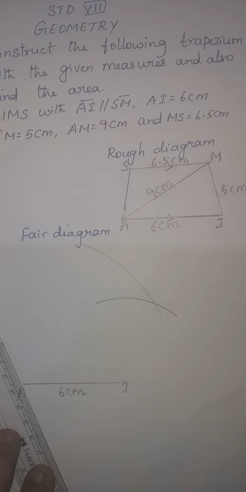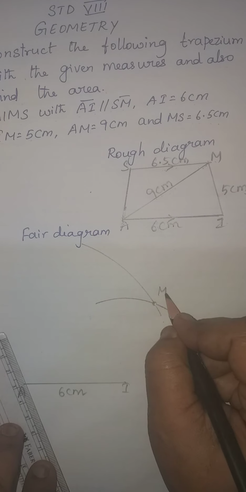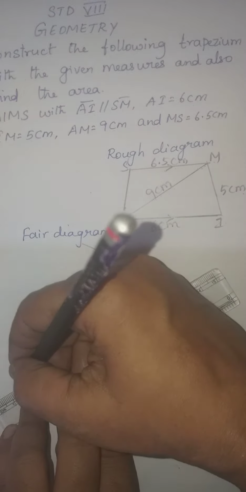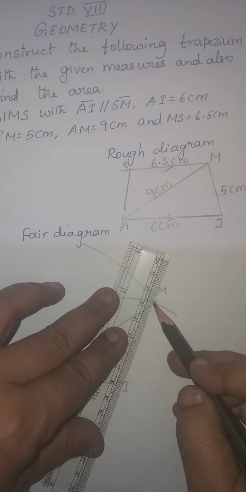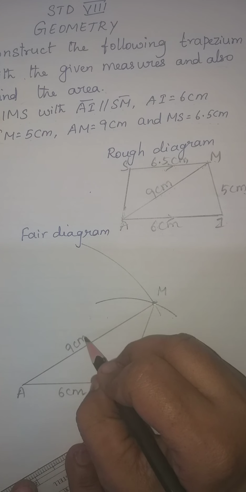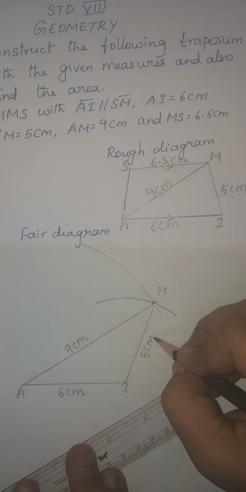You can see here this is the intersecting point. This is M. Now let us join AM and IM. This is 9 centimeter and IM is 5 centimeter.